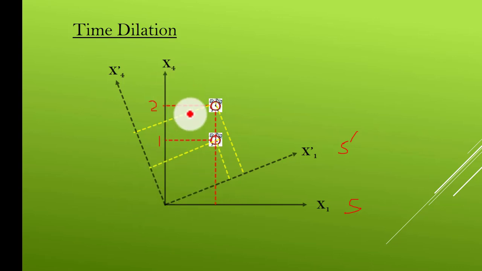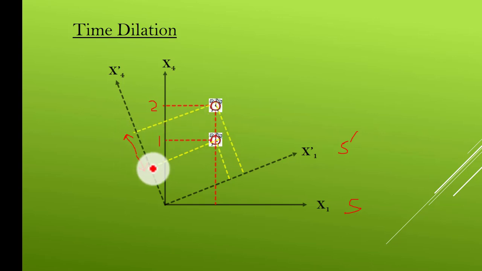Again, to measure its time coordinate, we have to draw a perpendicular from here. You can see this time is dilated. If we measure its length in the S prime frame, this is the time of the clock which ticked after 1 minute and then after 2 minutes.